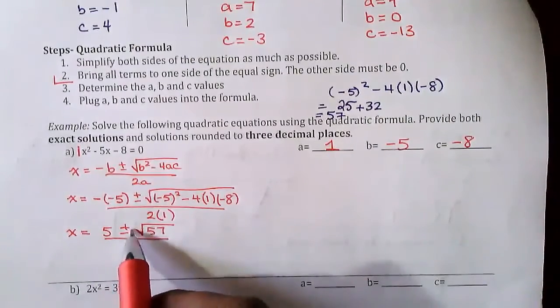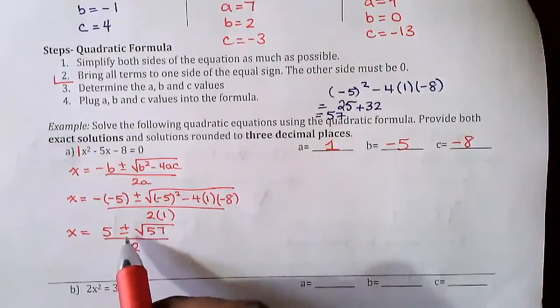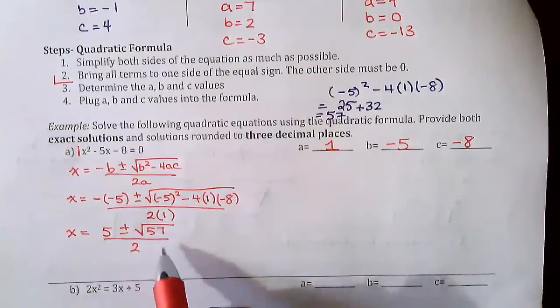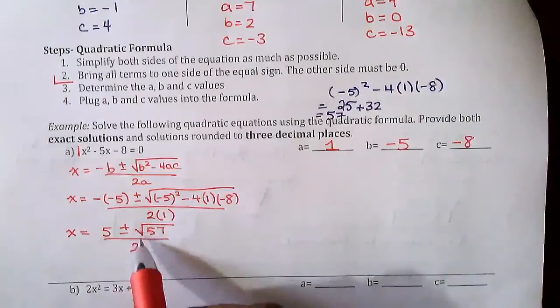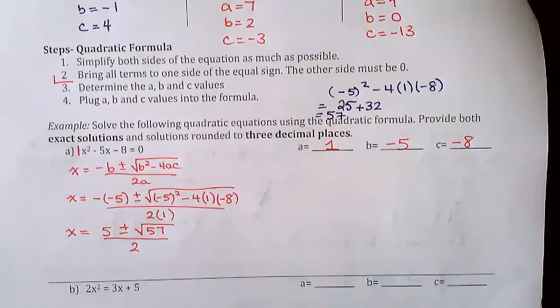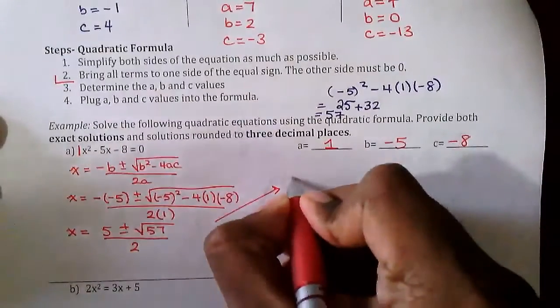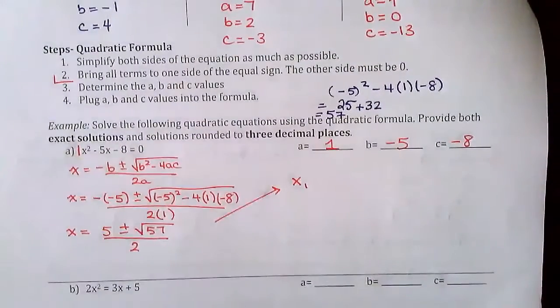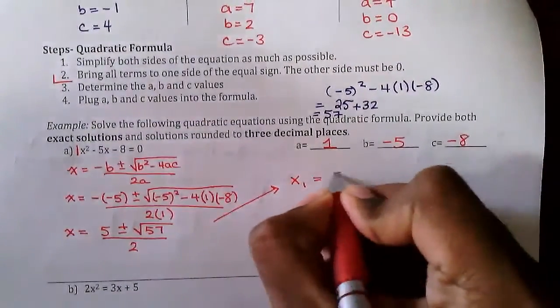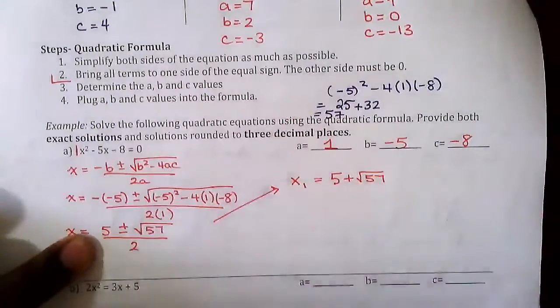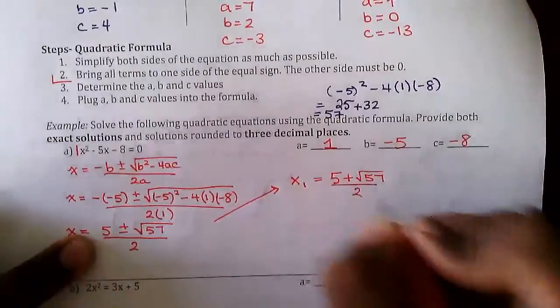We saw this symbol yesterday, the plus and minus. This essentially means we need to take both the plus version, so plus root 57, and the minus version, so minus root 57. So at this point, we are going to split it up. So we're going to say x1, or our first x value, is going to be 5 plus the positive version of root 57 divided by 2.